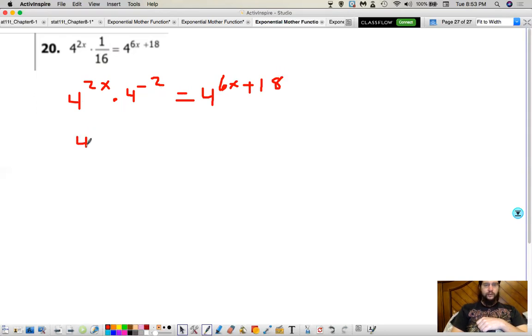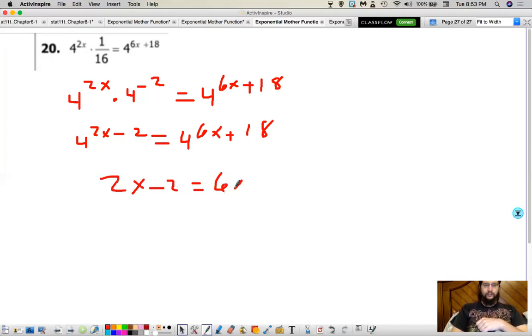All right, that's 4 to the 2x minus 2 equals 4 to the 6x plus 18. Set the exponents equal. And let's see, that's negative 20 equals 4x, so negative 5 is x.